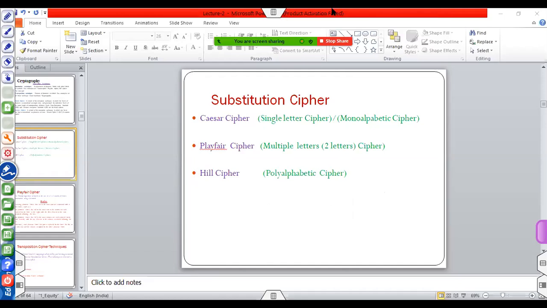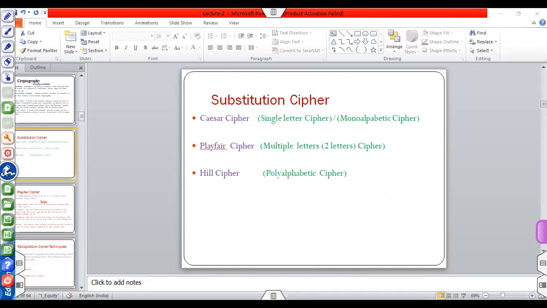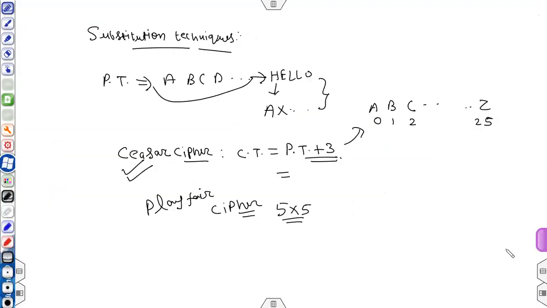Okay, now back to the slide. The next is the Hill cipher, and here it is written polyalphabetic cipher. So first I can talk about the single letter cipher.